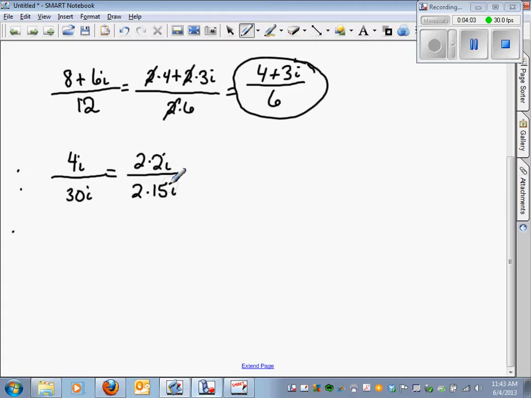So we have a common factor of 2 between the numerator and denominator that can be divided out. We also have another common factor here. Because there is an i in both the numerator and the denominator, that i can be divided out, and it leaves us with 2 over 15 as the simplified form.